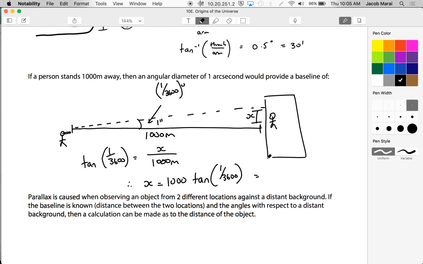And we get a number around about 0.0048 or 4.8 millimeters. So what that means is if I stood 1,000 meters away from you, 4.8 millimeters is about the top of my watch face to the bottom of my watch face. So if I stood 1,000 meters away and held out my Fitbit screen, from the bottom to the top is an angle of 1/3,600th of a degree.